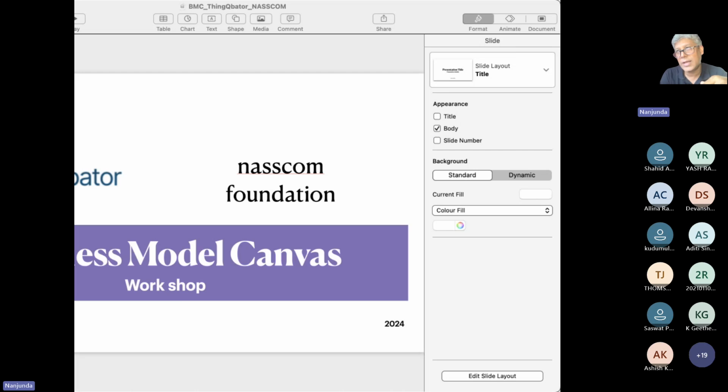You will get a copy of the business model canvas that I have put together with some changes. I urge all of you to fill it up from your understanding, including what is missing in the lean canvas that you've previously gone through. Perhaps we will capture that in this session.